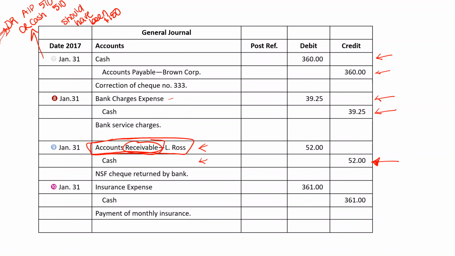And then the last item was an EFT payment to insurance expense. So cash came out, we credit cash, and it was insurance expense, so we will debit the expense for that amount.